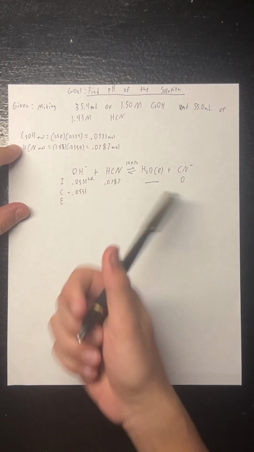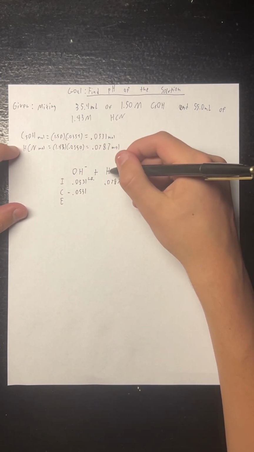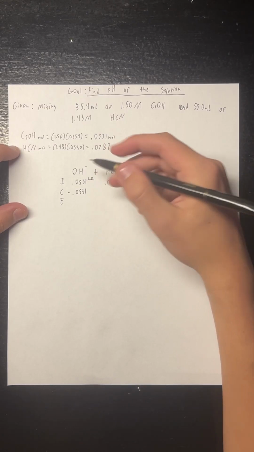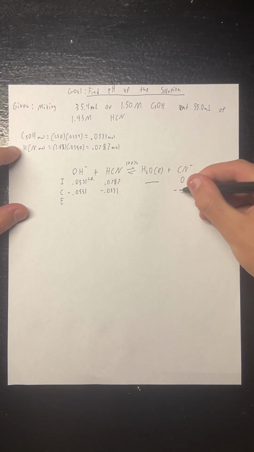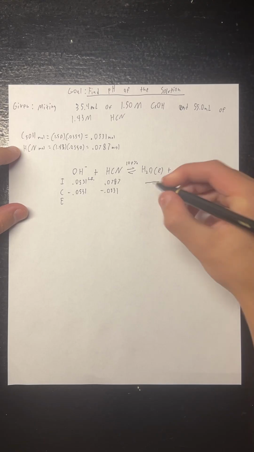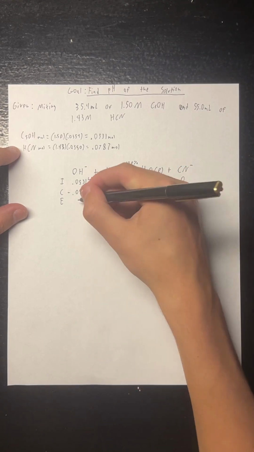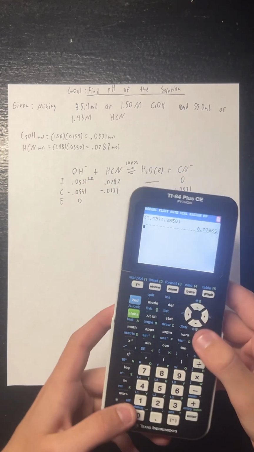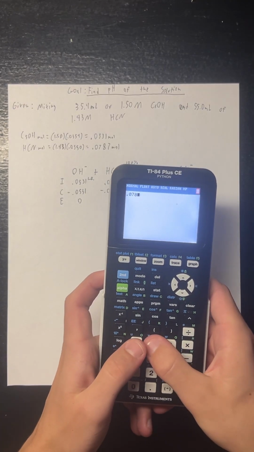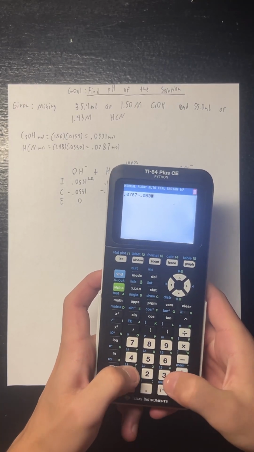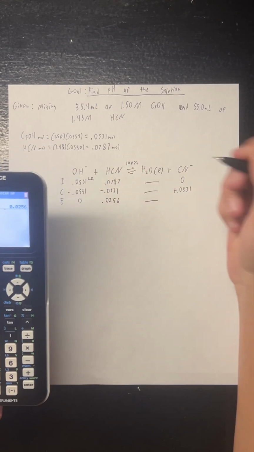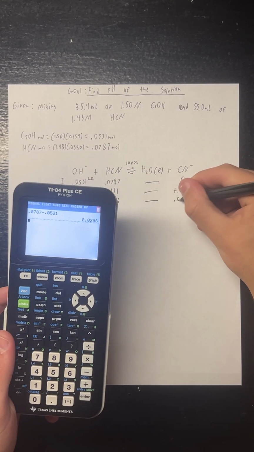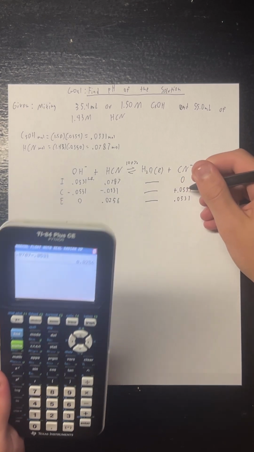It would be coefficients where you're coming from and where you're going, but since this is 1 and this is also 1, it's just minus 0.0531 and plus 0.0531. That's our change. So OH comes out to 0, HCN is 0.0787 minus 0.0531, which comes out to 0.0256, and CN minus is 0.0531.